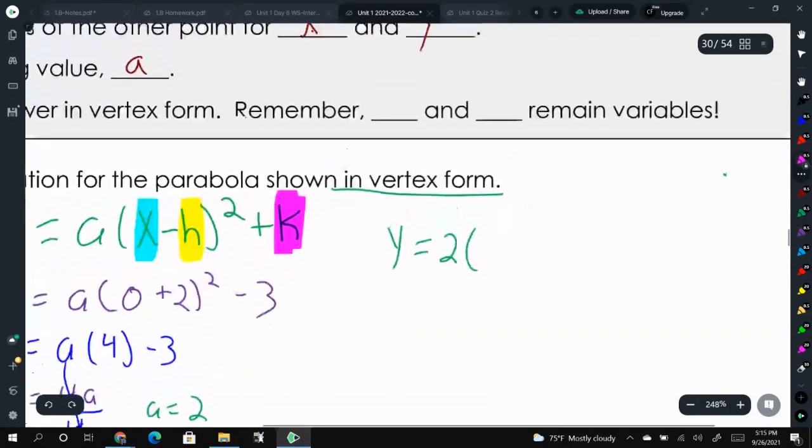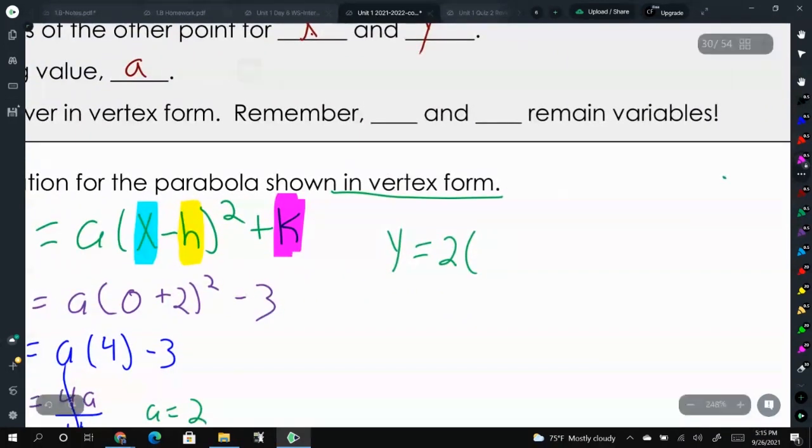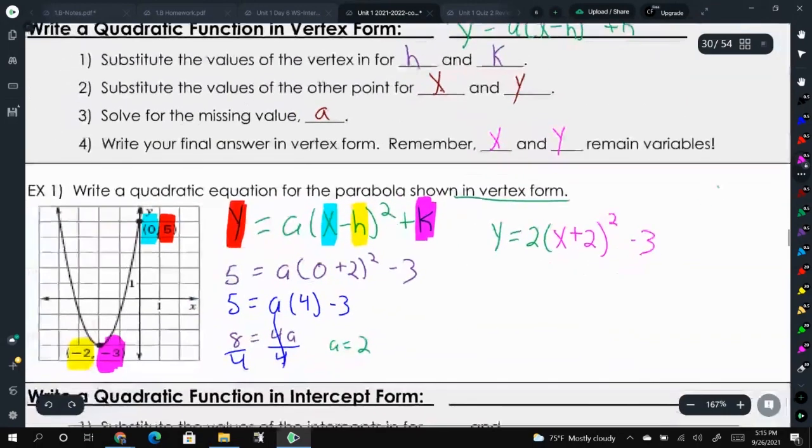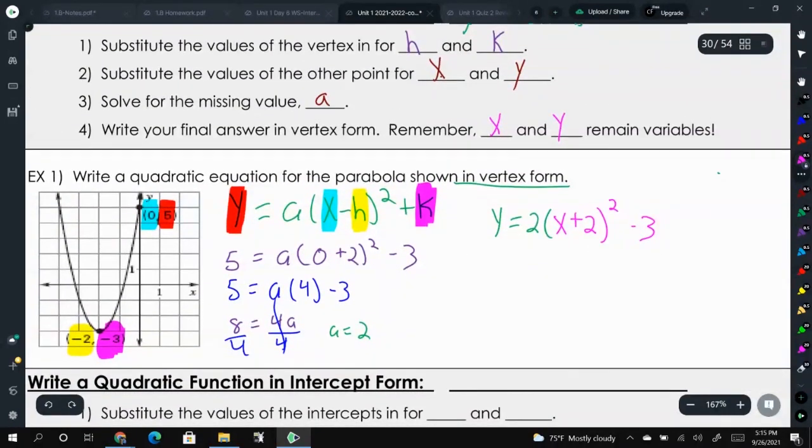And when we write the equation, you need to remember that x and y remain variables. So x minus h, which again was negative 2, so we make it a plus 2 in the parentheses, and then minus 3. So this is the equation for this graph shown here.